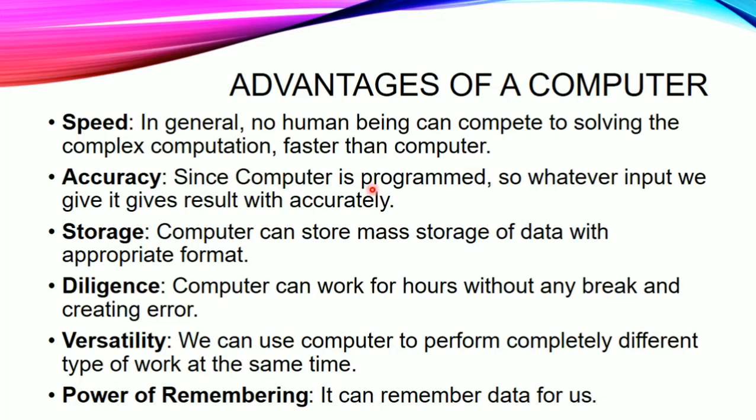Since a computer is programmed, whatever input we give, it gives the correct result with proper accuracy. Because all these computers are programmed by programmers, it calculates the appropriate output depending on that program.